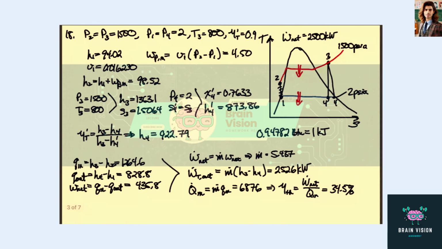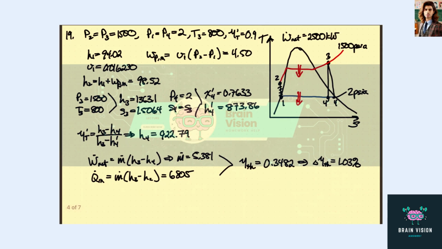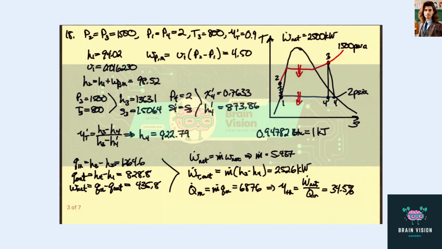Now here we calculated the net work, or the specific work, in a slightly different way, right? Here, the specific work, we calculated it from here. Over here, we did it by taking the difference in these heat transfers.